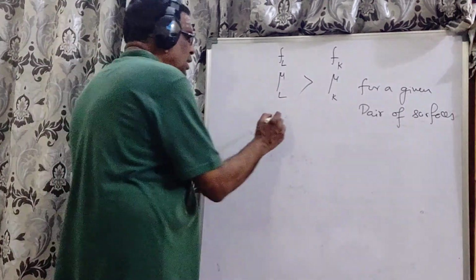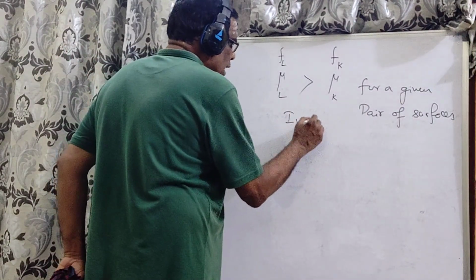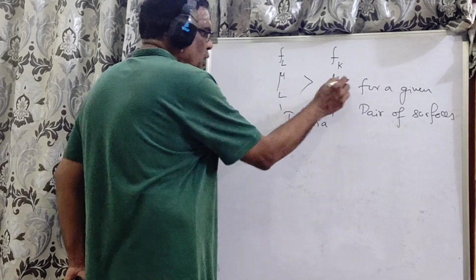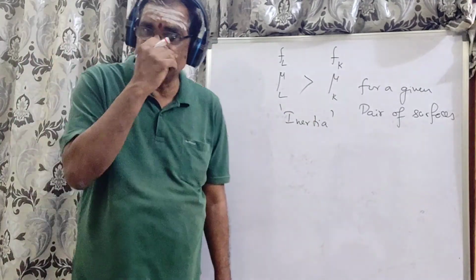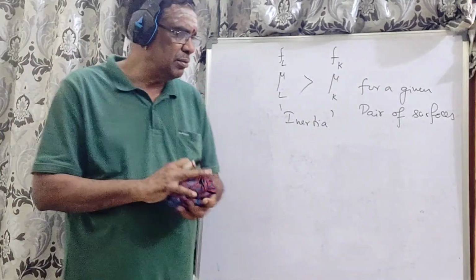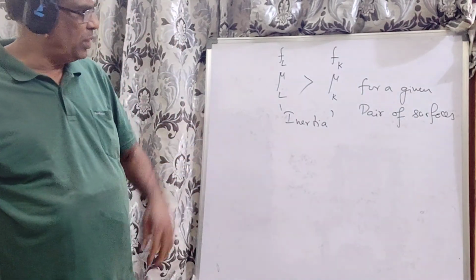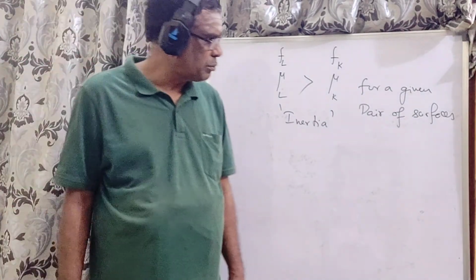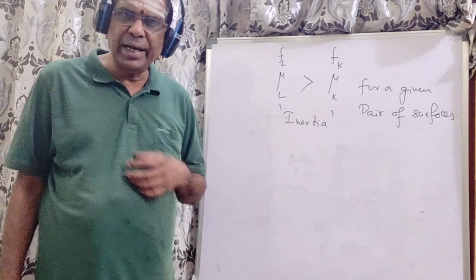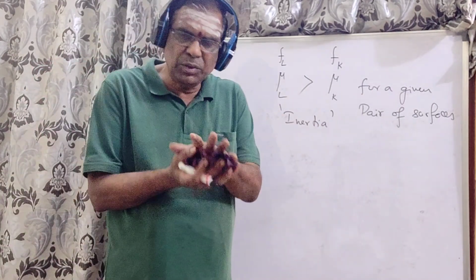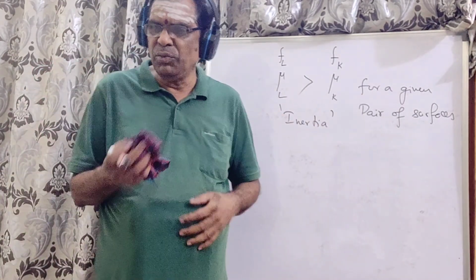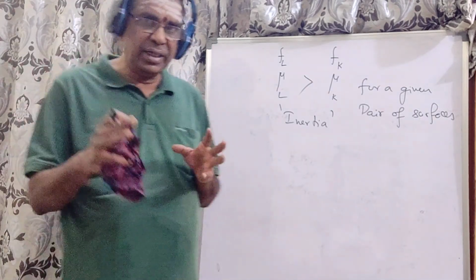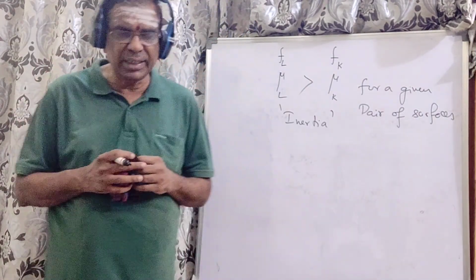Why can you say, due to inertia, that mu L is greater than mu K? Now I tell you, for example, for mu K, you have the same two surfaces. What I would advise you, don't do it. Any experiment I say, please do not attempt it.